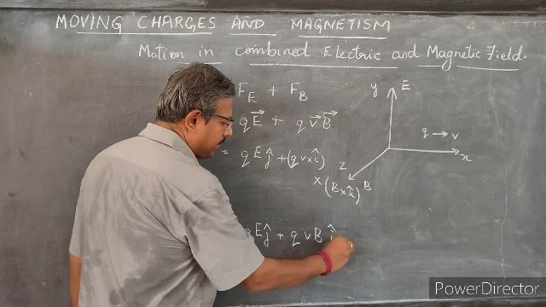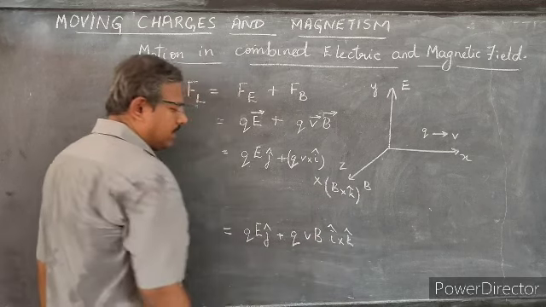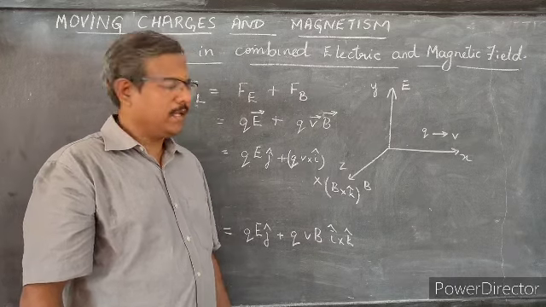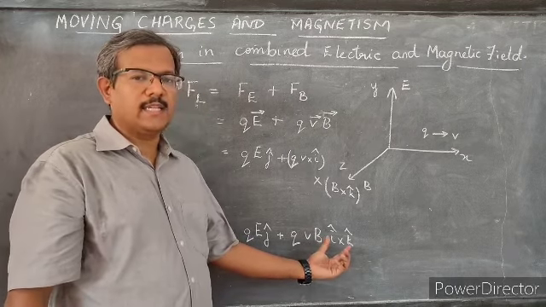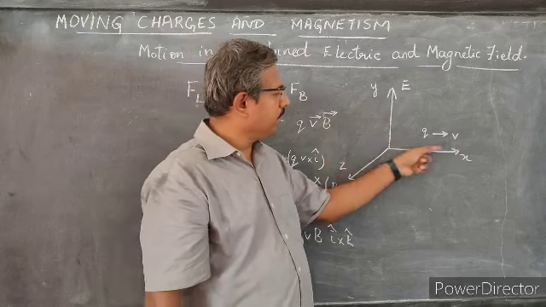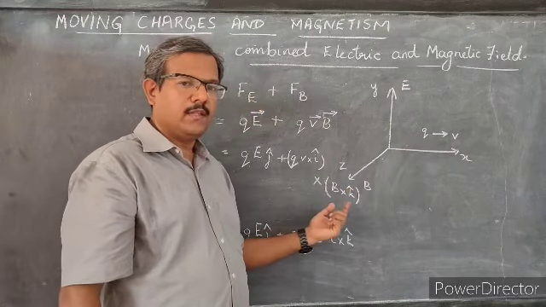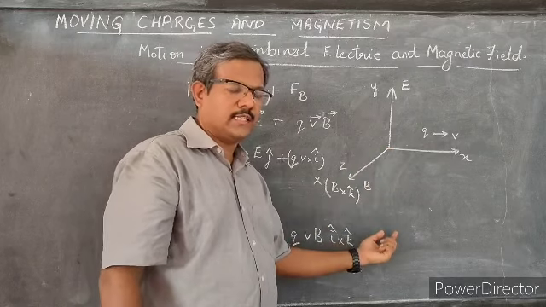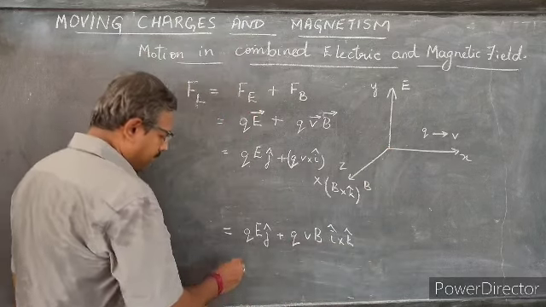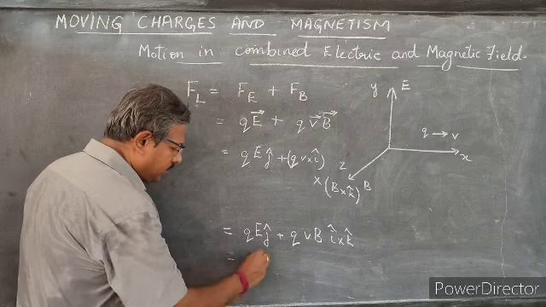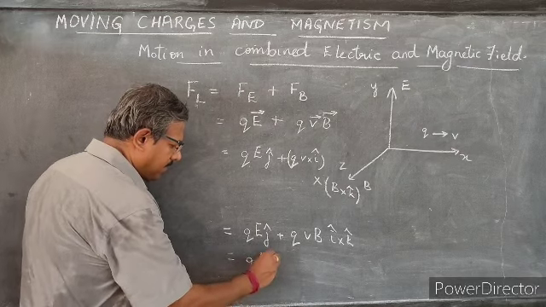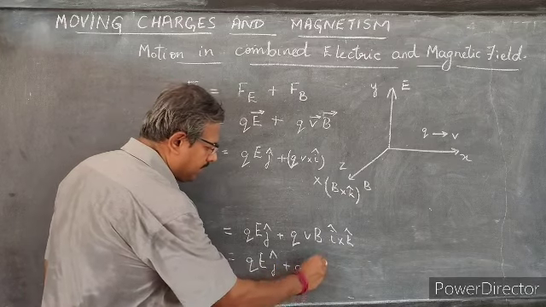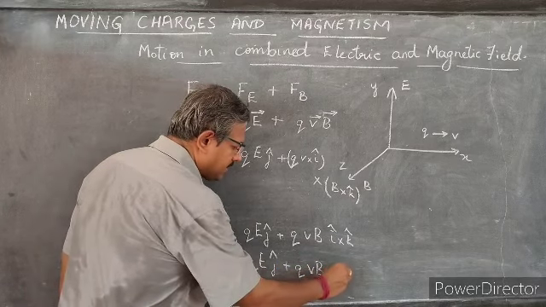Now you might realize that I cap into K cap is nothing but minus J cap. So I cap into K cap gives me J cap, but in the opposite direction. So it's minus J. So that gives me Q E J cap plus Q V B into minus J cap.